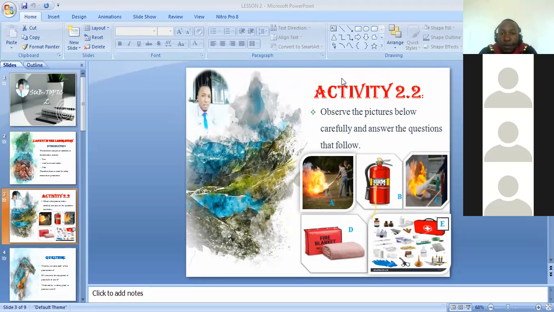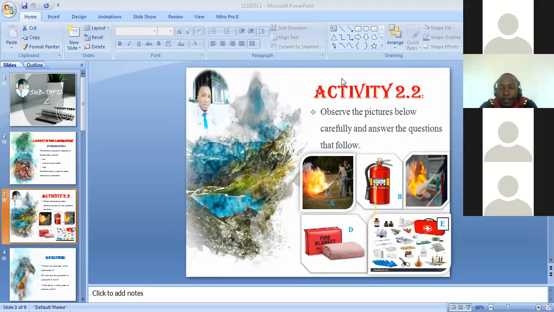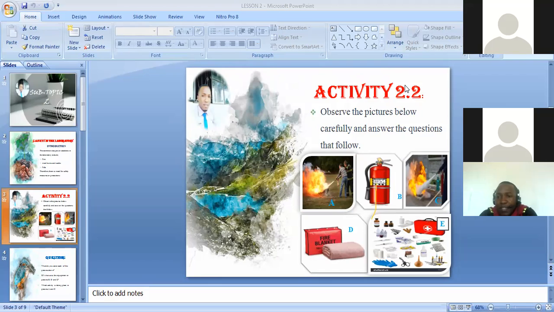So what do you think those tools are used for? Benita, I'm seeing you for the first time. I'm going with you to give us a response.